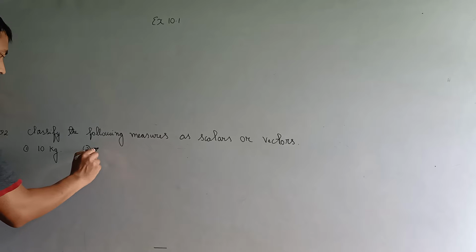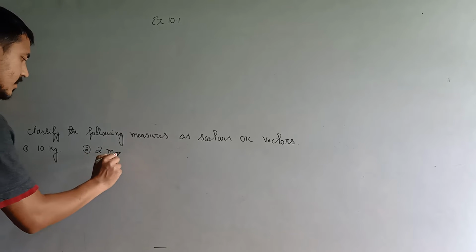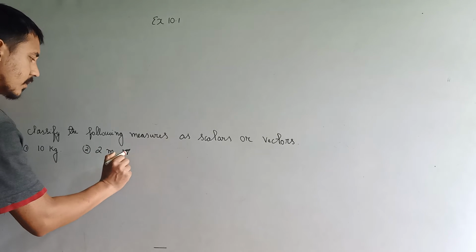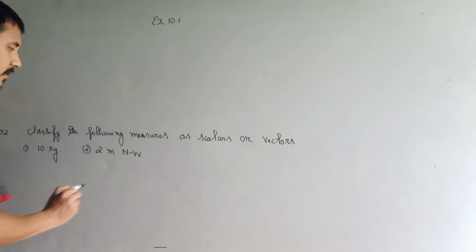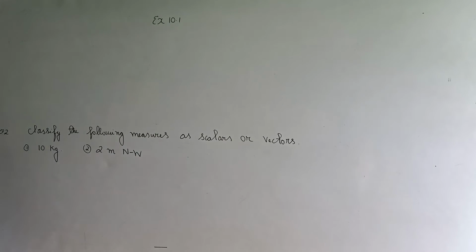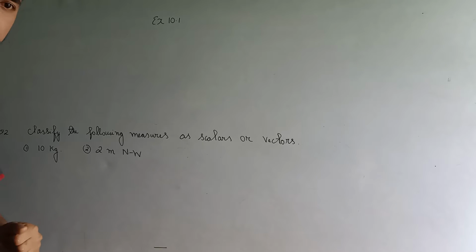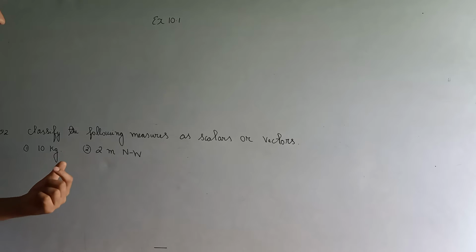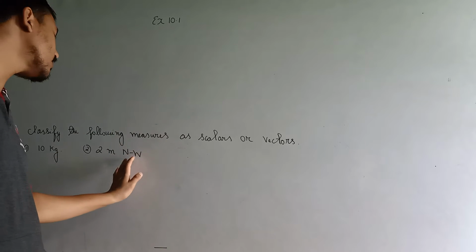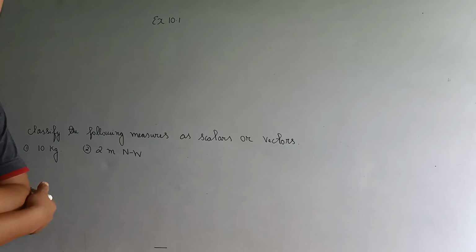Number 2: 2 meters northwest. Does it have a direction here? The magnitude is 2 meter, and what does this northwest represent? The direction.